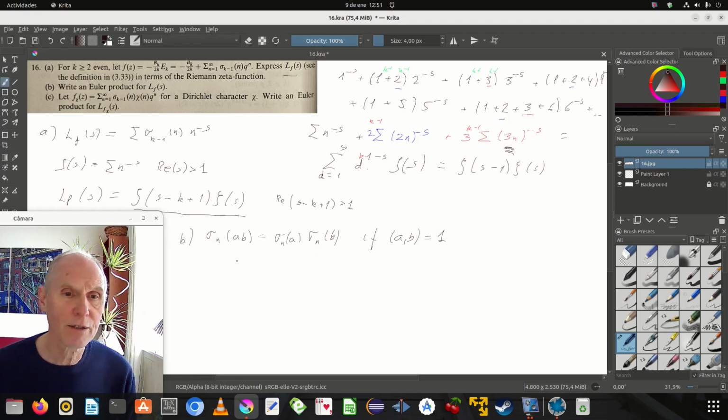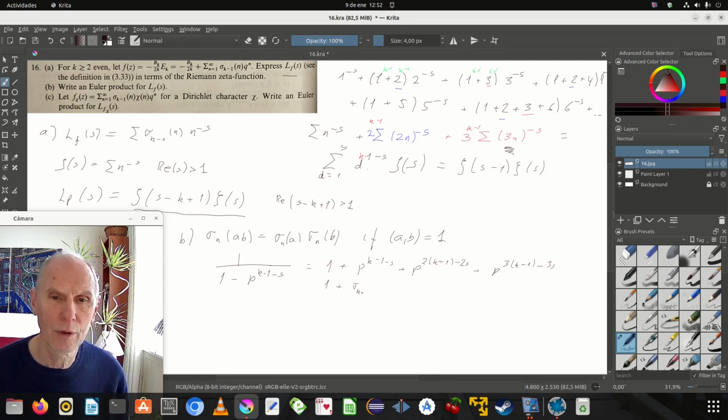So my first idea to get 1 minus p to k minus 1 minus s of p times p to minus s, but I don't think this is sigma of k to minus 1 of 2p of p squared, that should be, times p to minus 2s, that's fine. But I don't think this is.